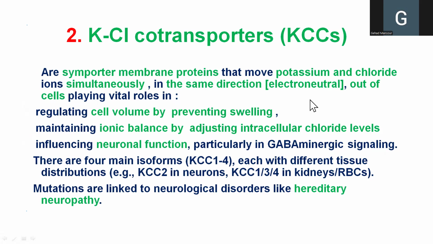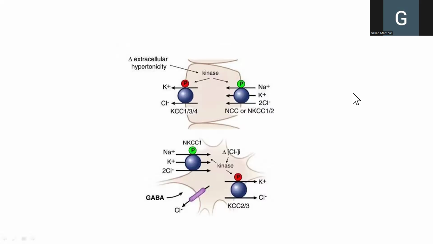But what is the role of potassium chloride transporters? Notice that they move potassium and chloride ions in the same direction. Here, for example, we can see the potassium chloride co-transporter.